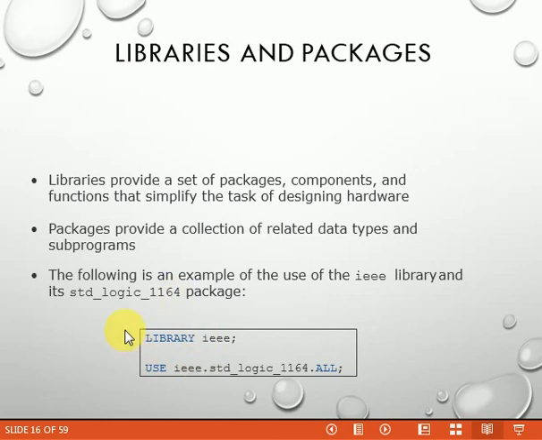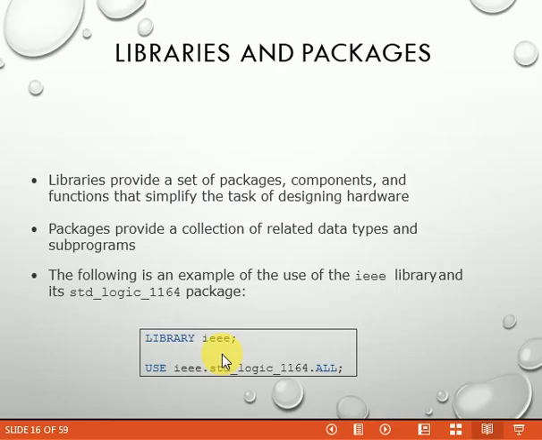Here you can see an example of how to declare a library. First we use the keyword library, and then we want to use the IEEE library, so we have to mention this library.